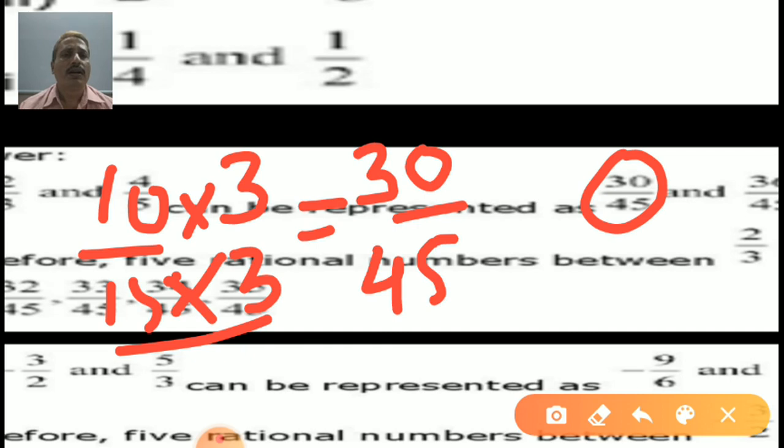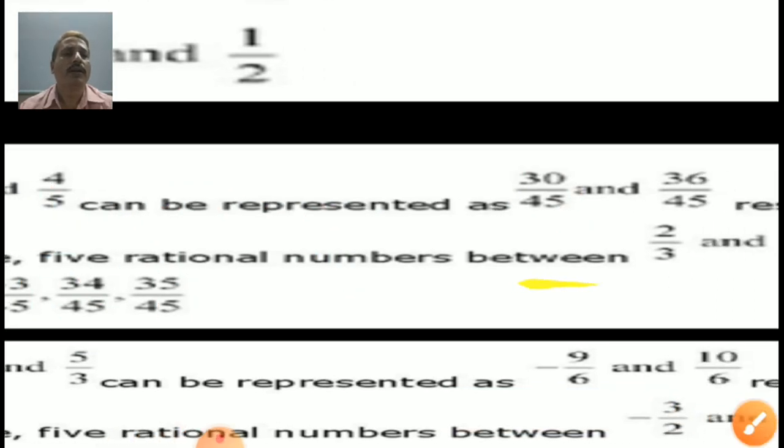Regarding the second number, I also found the same denominator, 36 upon 45. So between 30 and 36, 5 numbers you can write easily. So the answer is 31, 32, 33, 34, 35, and all denominators are 45. Got the answer, student? Yes.